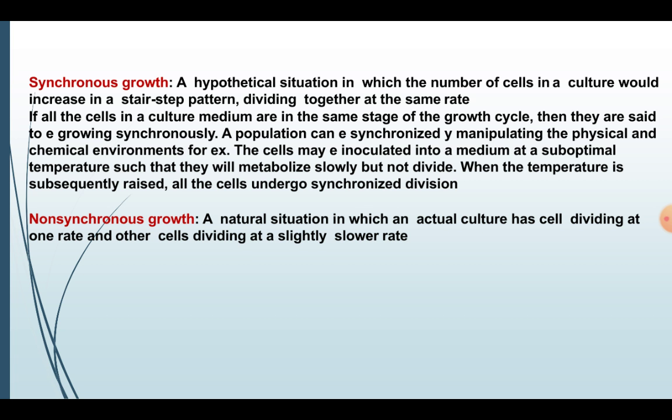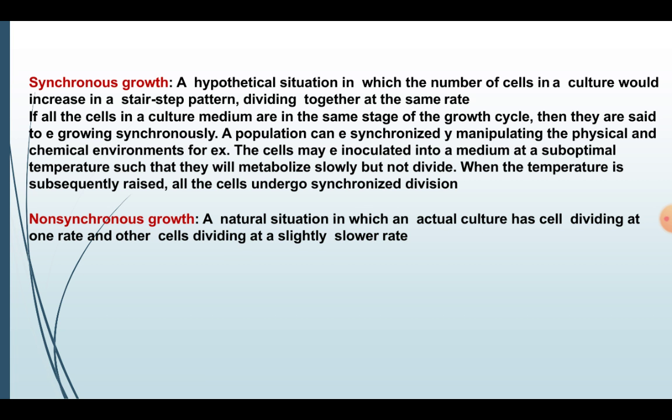Synchronized growth is a hypothetical situation in which the number of cells in a culture would increase in a stair-step pattern, dividing together at the same rate. If all the cells in a culture medium are in the same stage of the growth cycle, then they are said to be growing synchronously.